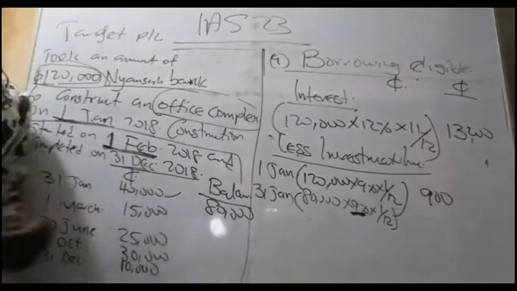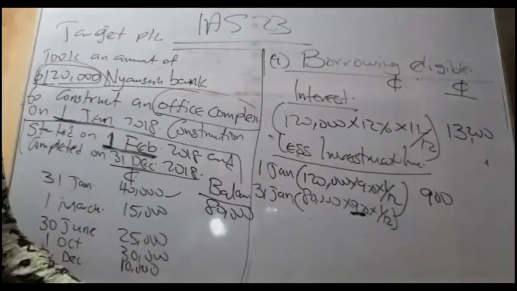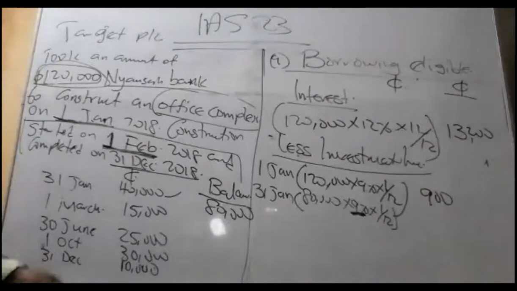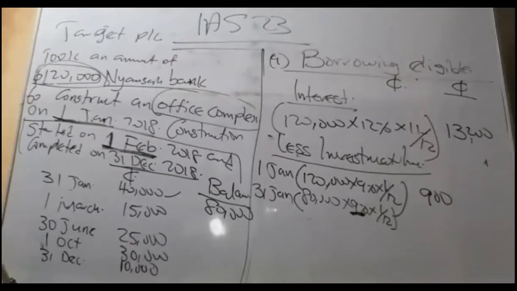This 9% is for the whole year, for a 12-month period, but we are investing for just 1 month. So that will give us 80 by 0.09, which is 7.2, divided by 12. That will give us 600, right?